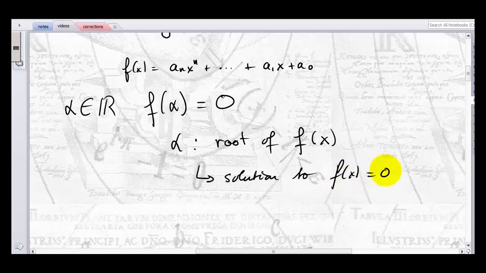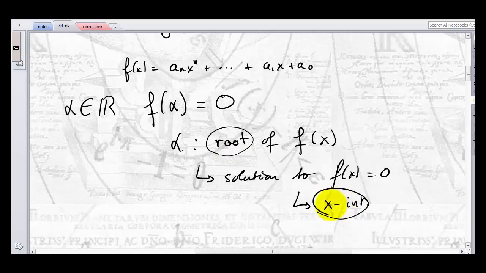And so when we're going to be thinking about the graph, it is related to the x-intercept of the graph, of course. There will be, although, a slight difference between the root and the x-intercept sometimes, and we're going to have to understand that. A root is not always an x-intercept. An x-intercept is always a root, but a root is not always an x-intercept.